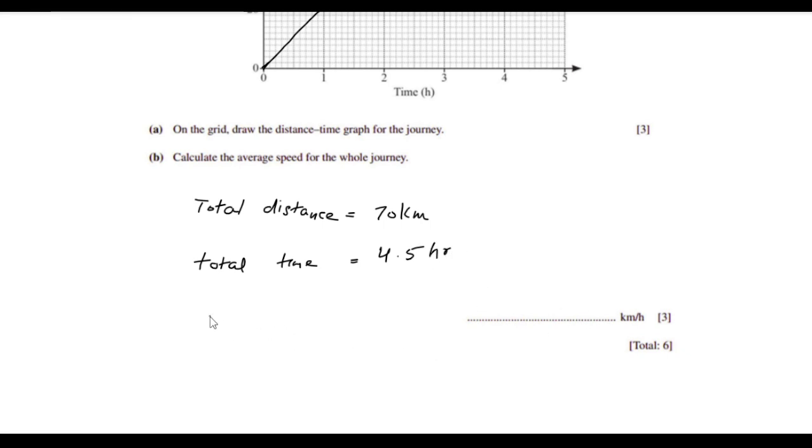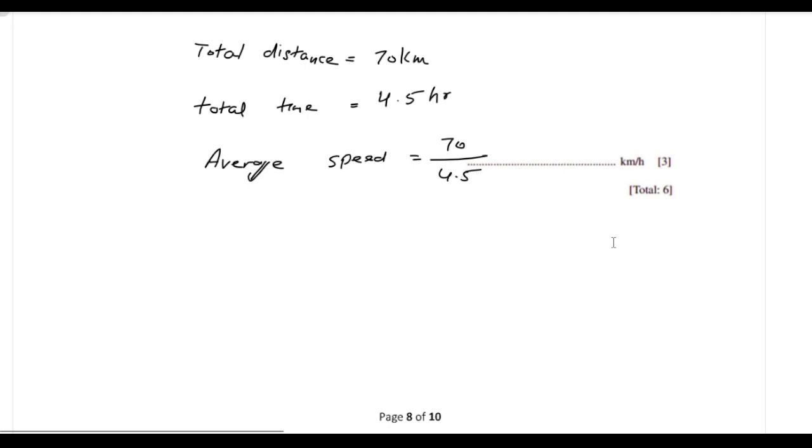And therefore average speed is 70 divided by 4.5. Now 70 divided by 4.5, I will get 15.55 kilometers per hour.